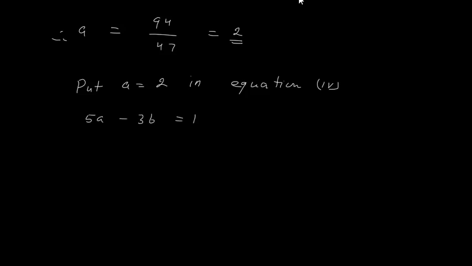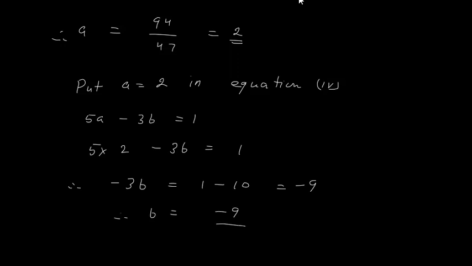So 5 into 2 minus 3b is equal to 1. This will give me minus 3b is equal to 1 minus 10, which is minus 9. Therefore the value of b is minus 9 divided by minus 3, which is 3. So the value of b is 3, and the value of a is 2.